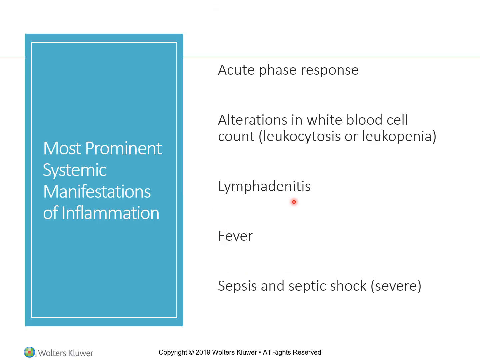Another thing that we see in inflammation is lymphadenitis. That is inflammation of the lymphatic tissue. We talked about this a little bit in class this week, but you will assess a patient's lymph nodes. You'll palpate around in the neck and feel if there are any swollen lymph nodes.